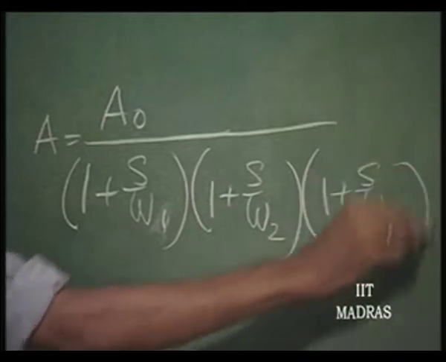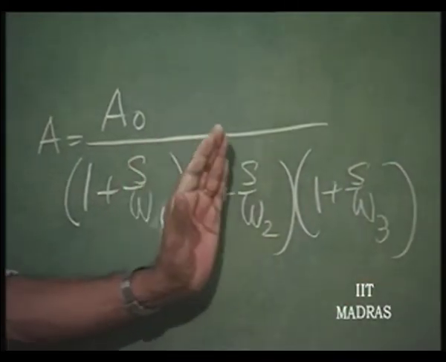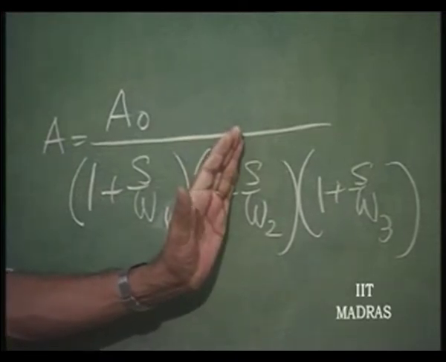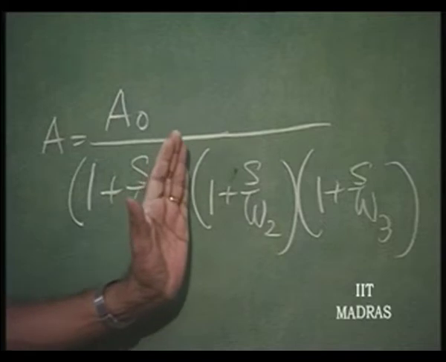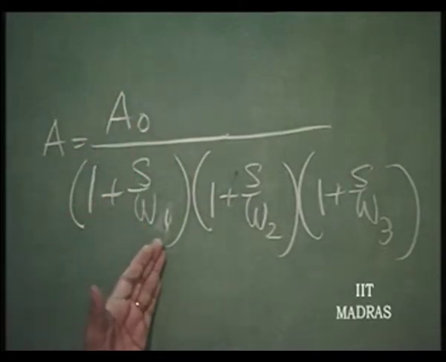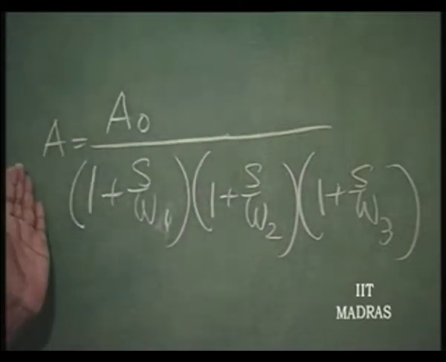Now, let us consider what happens. First we said A is equal to A naught, there was no problem with negative feedback. Now, A is equal to A naught by 1 plus s by omega 1. The phase shift of A can go at most to 90 degrees from 0 when it is first order.